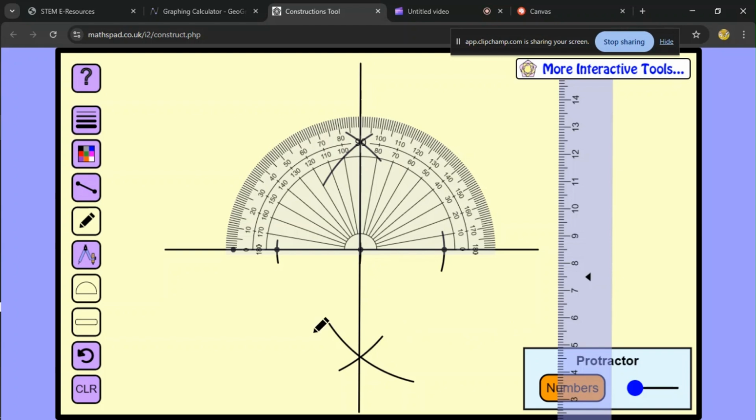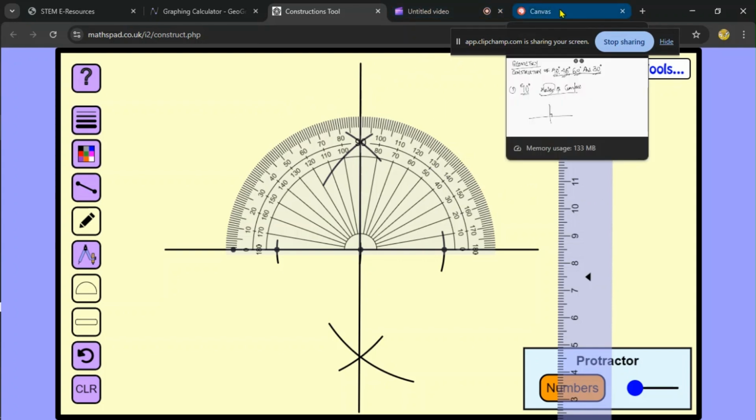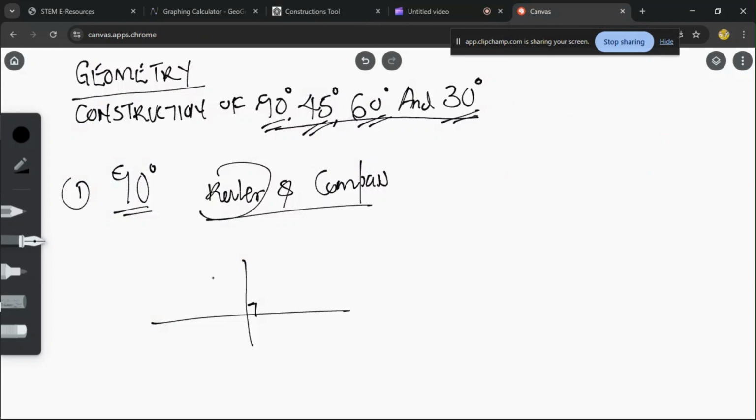So I've used just a pair of compass and a ruler only to construct an angle of 90 degrees, right? Then the second one is an angle of 45.